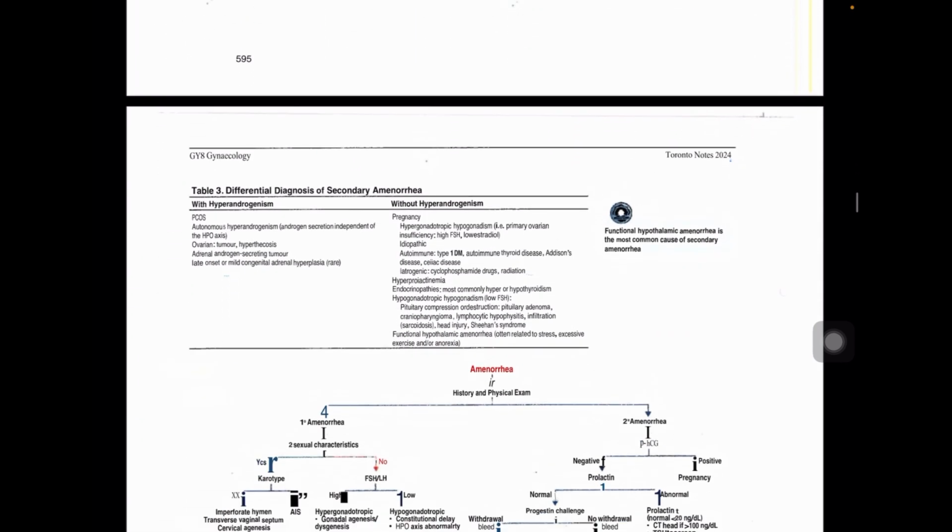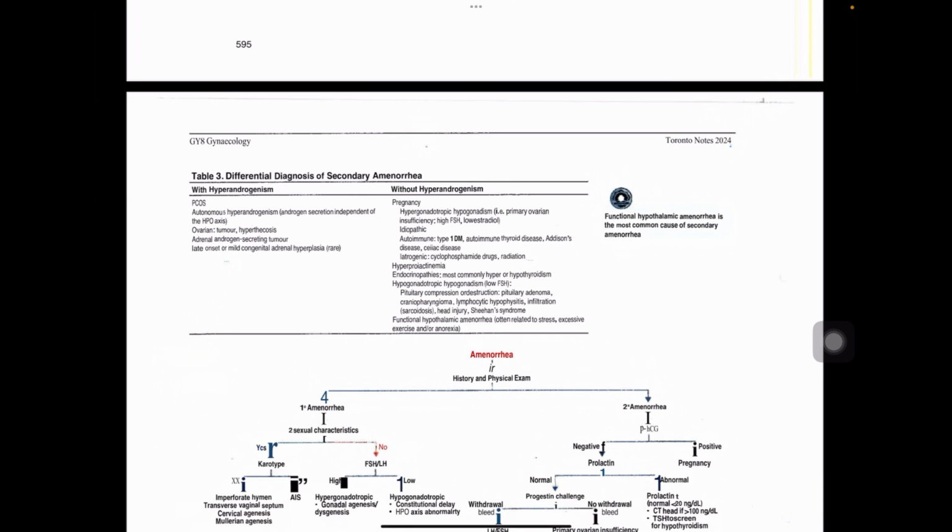Now coming to the differential diagnosis of secondary amenorrhea. Secondary amenorrhea is where there is the absence of periods for more than 3 to 6 months. So with hyperandrogenism or without hyperandrogenism. Hyperandrogenism is where there is an increased level of androgen.